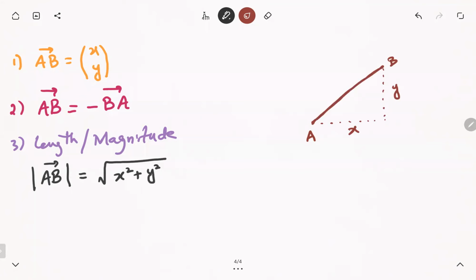अगर आप AB की length calculate करें, that is the hypotenuse. So you will simply calculate hypotenuse square is equal to perpendicular square plus base square. So perpendicular square plus base square means x square plus y square. So hypotenuse is basically AB square, or if you take the square root, it will become square root of x square plus y square.